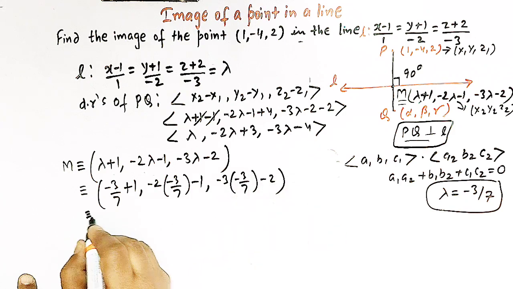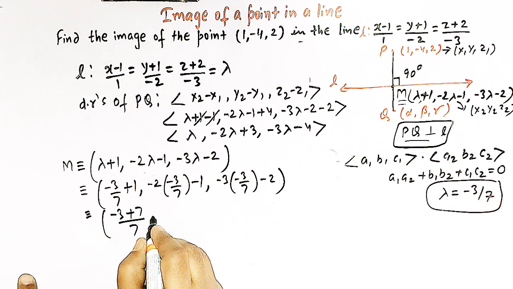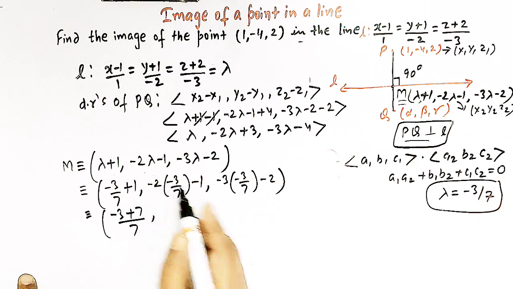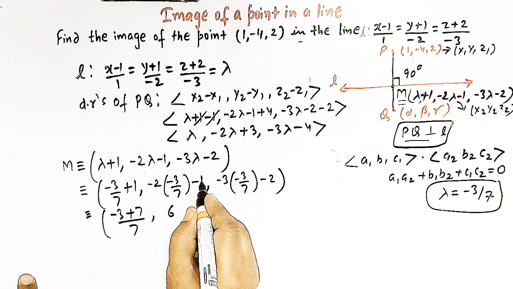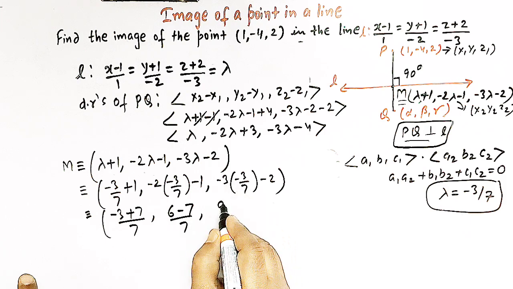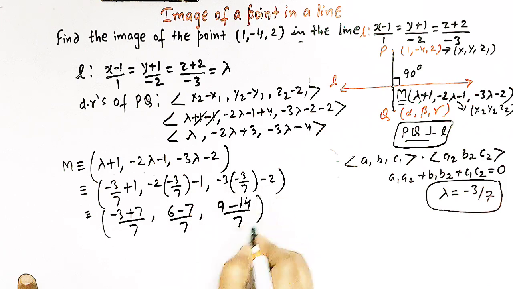So now we have here minus 3 plus 7 over 7, and here we have 6. Minus 2 times minus 3 is 6. Then we have here minus 7 over 7, and here we have 9 and minus 14 over 7.